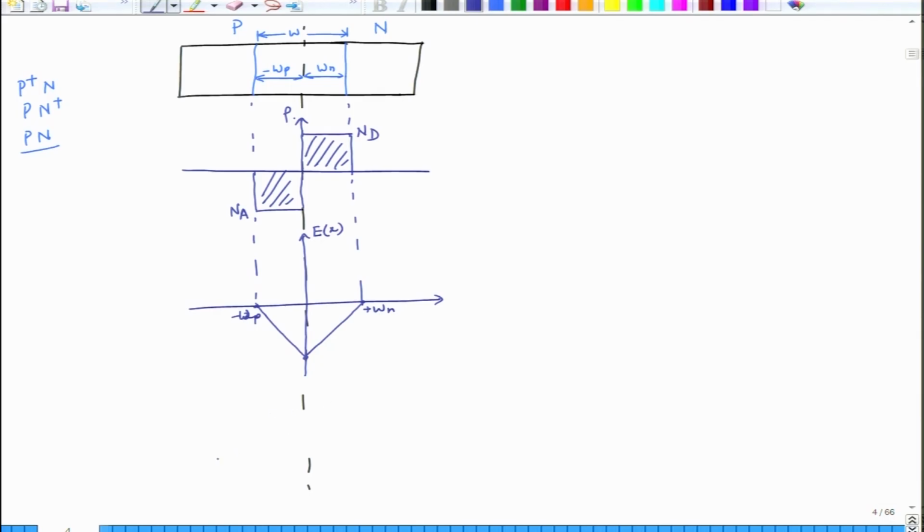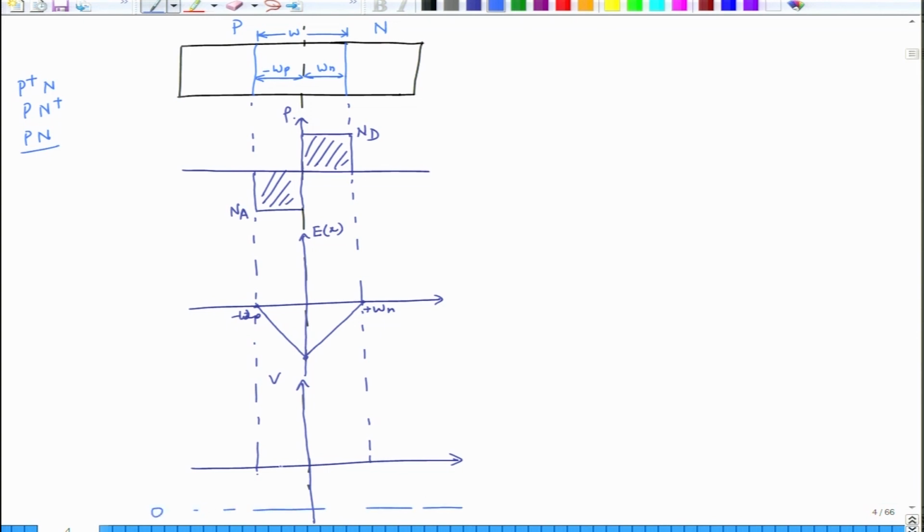If you look at the potential V, let us say we start from 0 here.